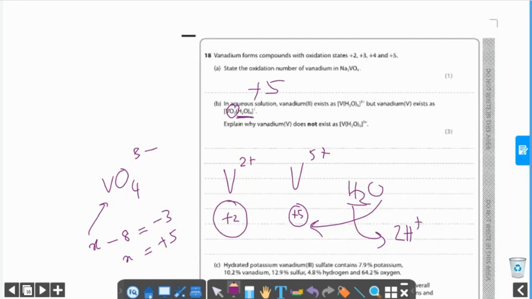If the question were just V(H2O)4 5+, with the complex formula just V(H2O)4, then we could talk only about steric hindrance, meaning the size of the vanadium.